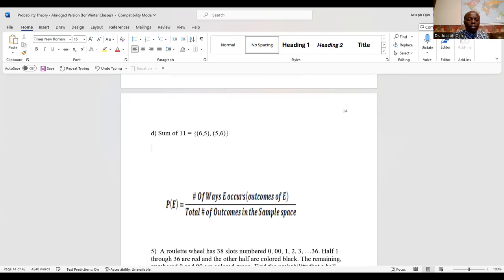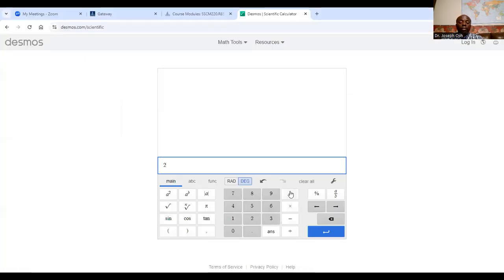So the probability of getting a sum of 11 equals 2 out of 36. Go and check it. 2 divided by 36.